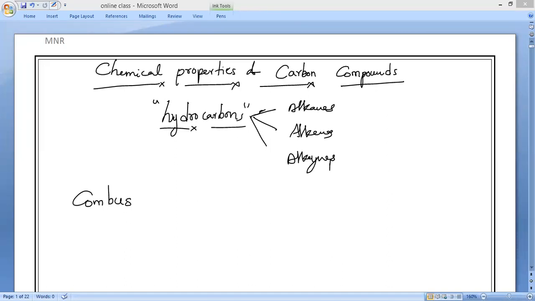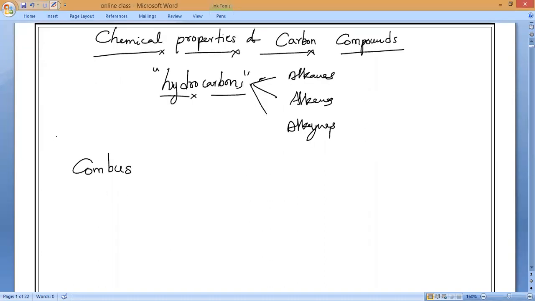So what are the three types of chemical reactions we'll study here? One is combustion reaction. The second one is substitution reaction. And the third one is addition reaction.